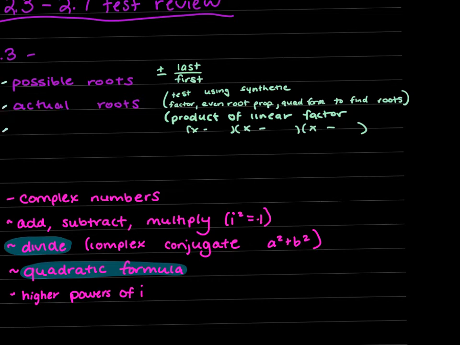Also in this section was Descartes' rule. The question is also going to ask you for that, and by way of that, help you eliminate some of your possible roots. So remember Descartes: the number of positive real roots equals the number of sign changes.